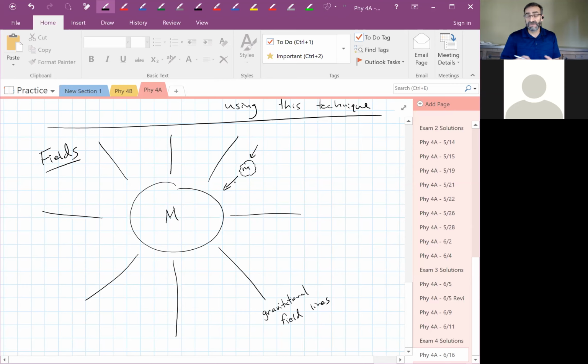Gravitational force is an attractive force. We only have one kind of mass, and it attracts other mass, right? So this object would feel a force in that direction. It would move in that direction. So that's the direction the gravitational field points. It points the direction a mass would go if you put it there and let go of it.